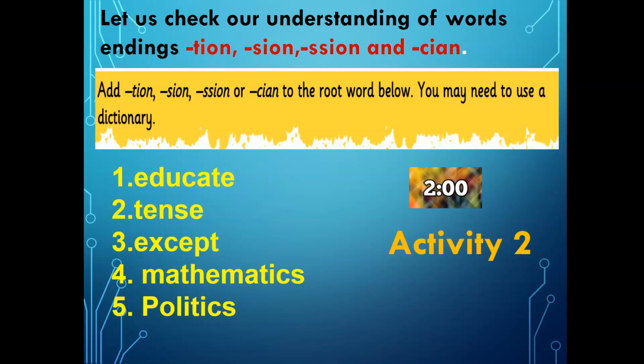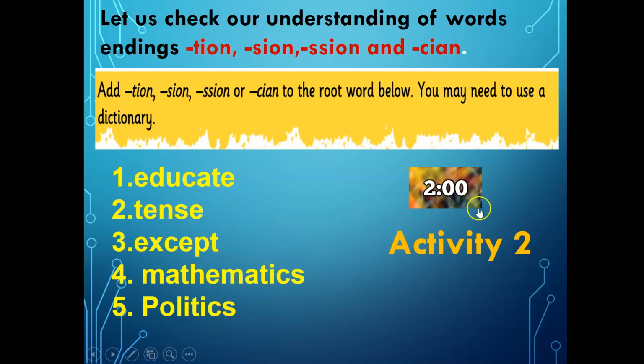Now, let's do one more activity, children. It's going to be really exciting if you have understood this lesson well and you get all of these correct. You may need a dictionary, so in case you need help, you can grab your dictionary. You need to add tion, sion, ssion, or cian to the root words below.